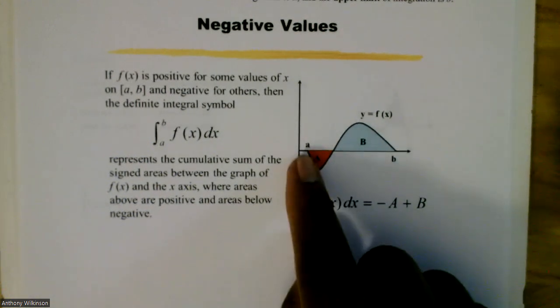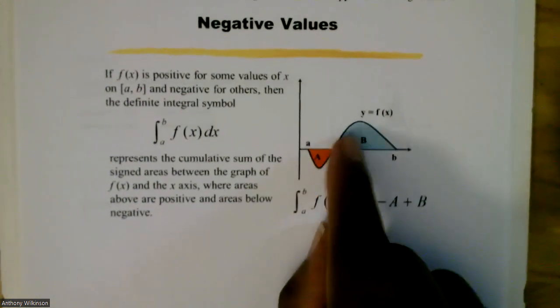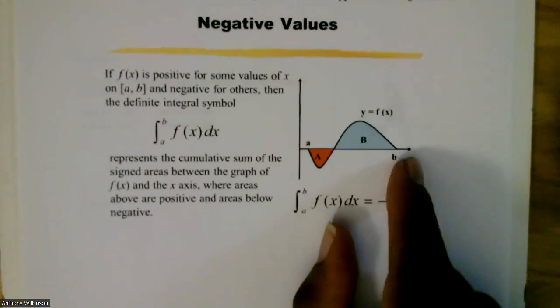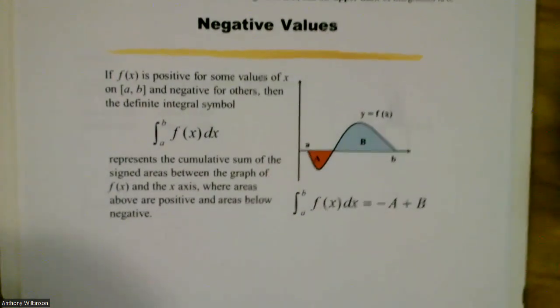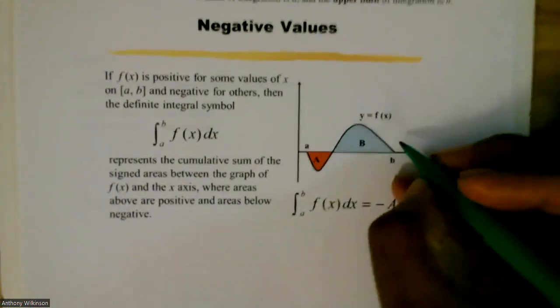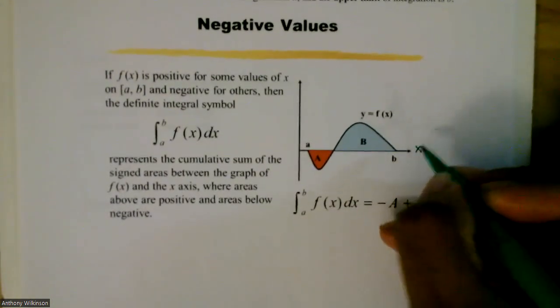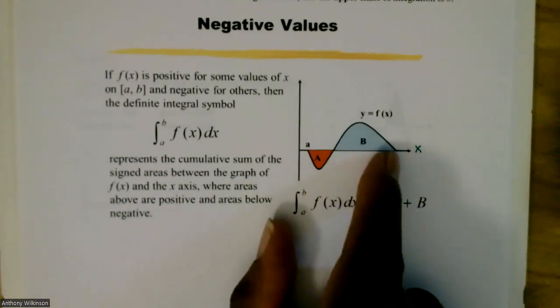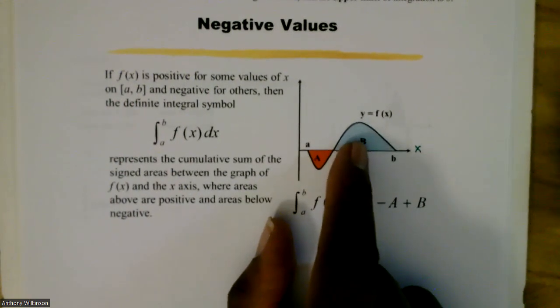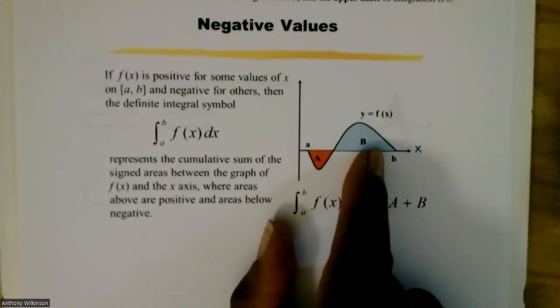So here's an illustration of this. Here we got the graph of y equal f of x, and we got the x-axis, which is the horizontal axis here. Now, if you have areas above the x-axis, like here, area B, that's above the x-axis, that's going to be positive area.